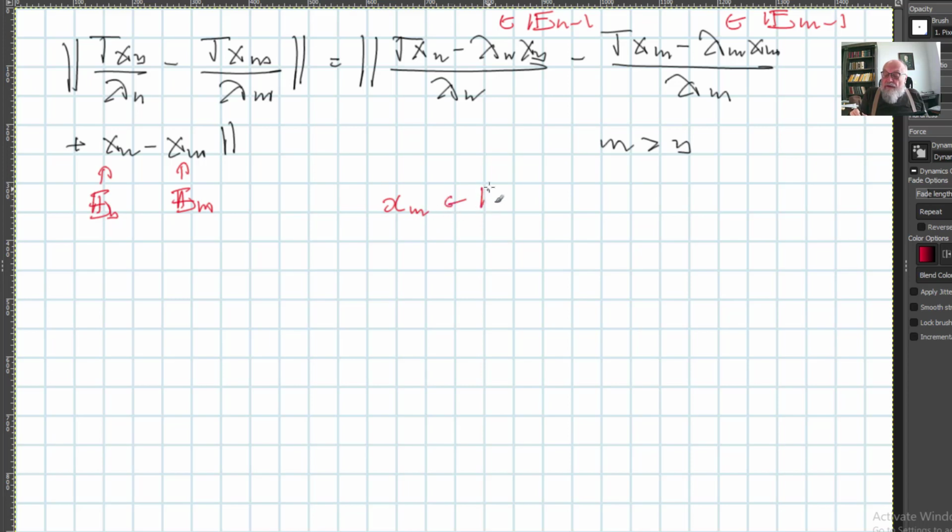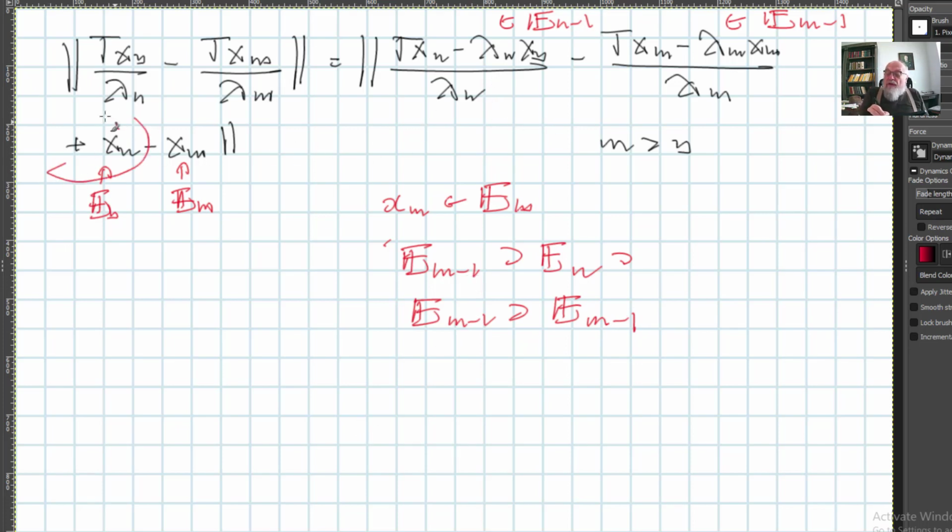So we have xm belonging to Em, and then all the others. Notice that Em minus 1 contains En, and it also contains n minus 1 and everything else.